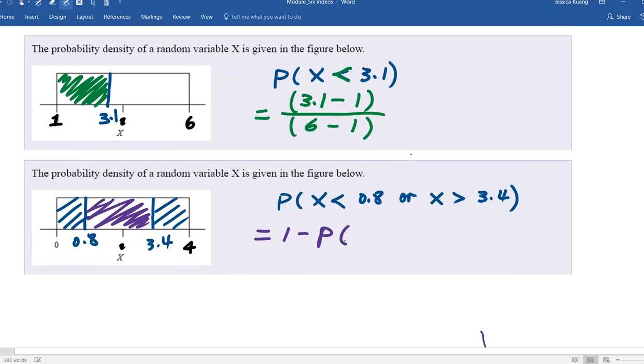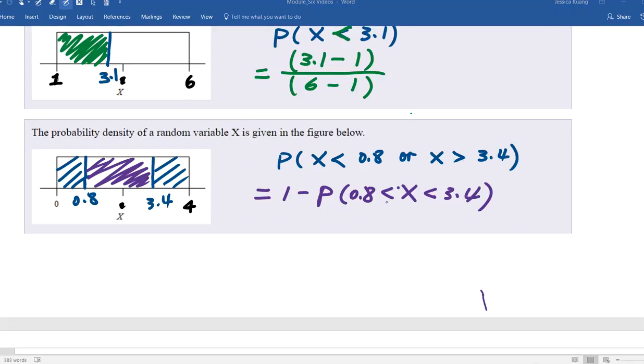So that purple region is x goes from 0.8 to 3.4. And once again, with or without equality, it's fine. So let me have it just for fun. Let me have an equality here and drop that equality on the other side. It makes absolutely no difference for a continuous random variable, or for uniform and normal distribution.